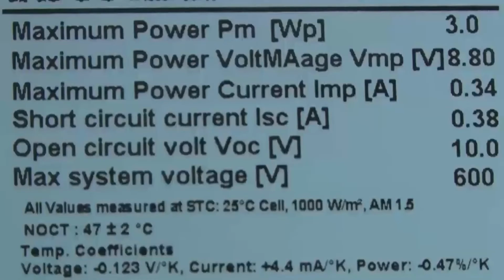See, the maximum power is this much, 3.0 watt, then the maximum power voltage and so on. So, maximum power current is 0.34 ampere, short circuit current is 0.38 ampere, open circuit voltage is 10.0 volts. So, this is the kind of specifications you can find on the solar panel, right.